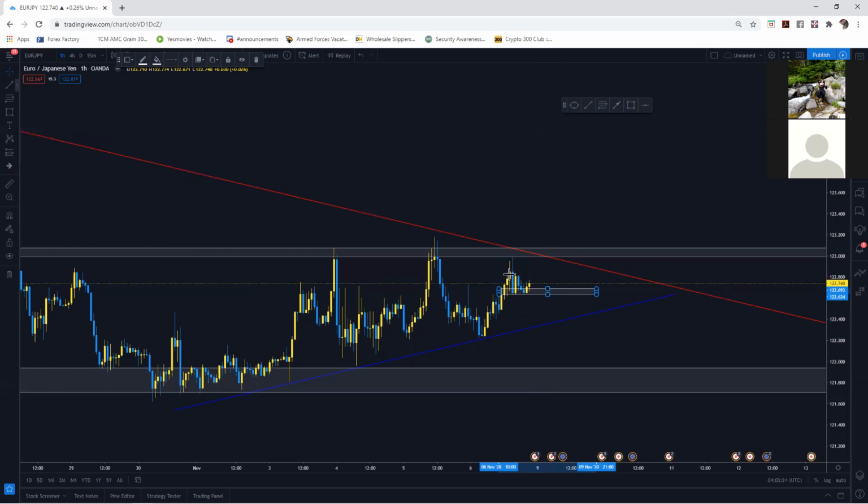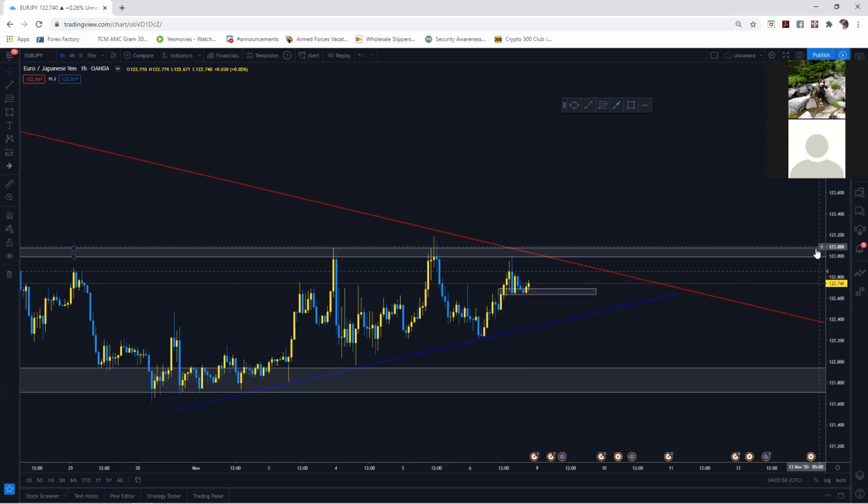I would set an alert right here at the top. So right here, you see where this yellow candle closes and this blue candle opens. That's where I will be setting an alert, just in case price did come back up here, and I would automatically sell it. So I'm gonna set an alert right there.